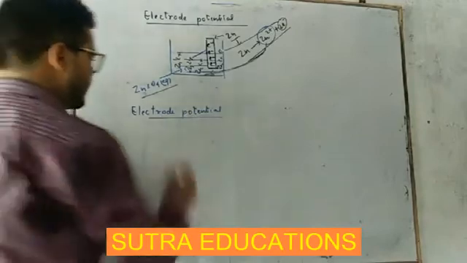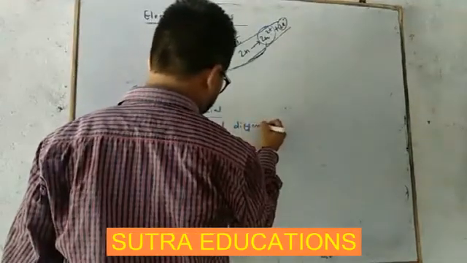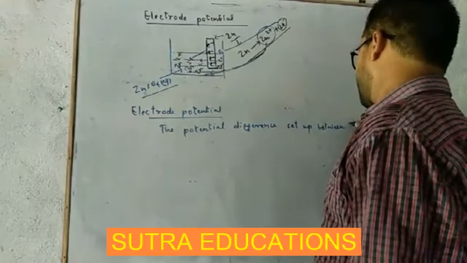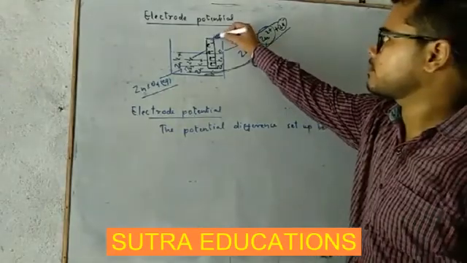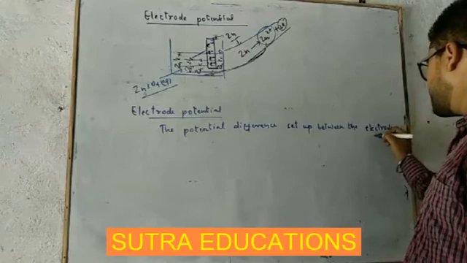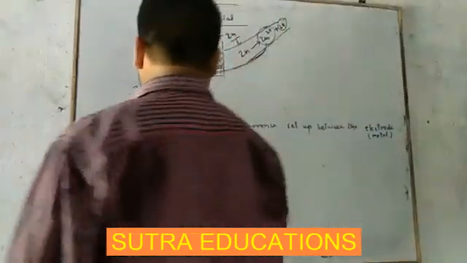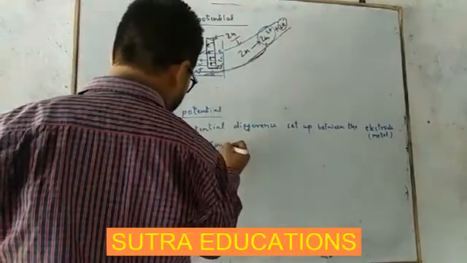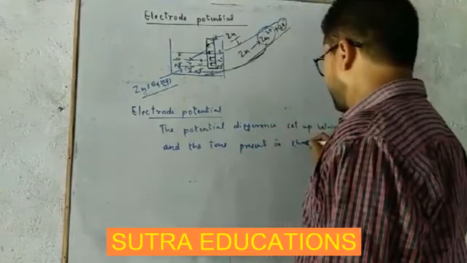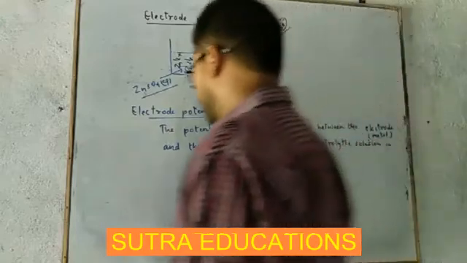What is electrode potential? The potential difference set up between the electrode, here it is metal, so we will say between the electrode or metal, and the ions present in the electrolytic solution in equilibrium.